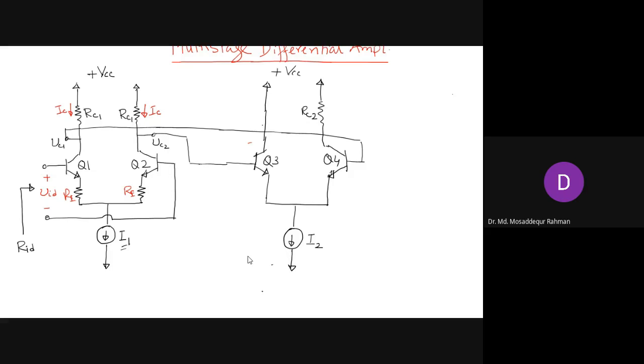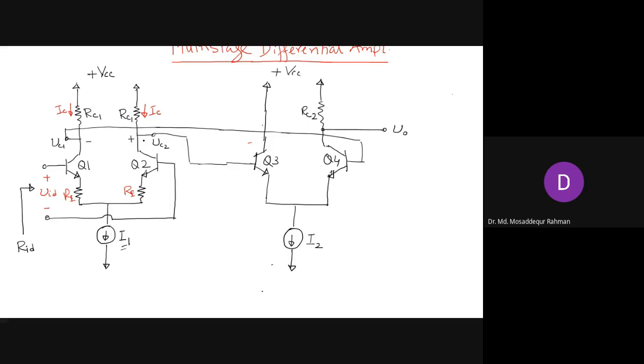So now here is our multi-stage differential amplifier. Now the connection you have to take note of is how it is connected. The VC2 output is connected to the first transistor here, Q3, because in a differential amplifier this side we get a positive voltage, this side we get a negative voltage.